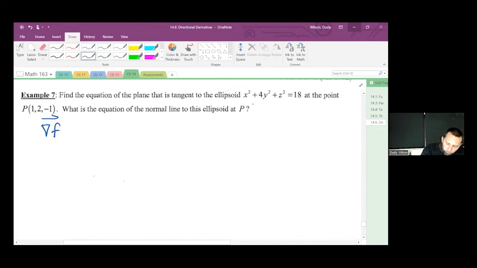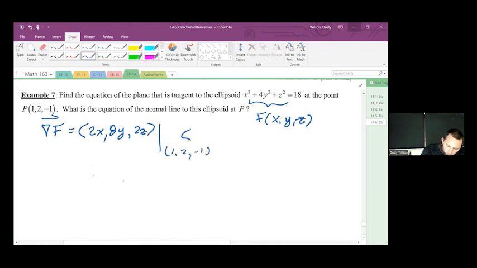Notice that this whole thing here would be your big F of x, y, z, so this is the gradient of big F, not little f. And so that will be 2x, 8y, 2z. And we want this at the point P(1, 2, negative 1), which would be 2, 16, negative 2.